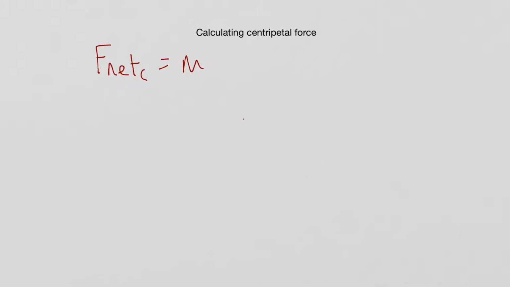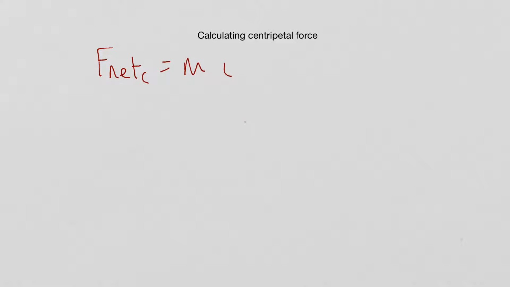In order to calculate the centripetal force, we have to realize that F net centripetal is equal to mass times acceleration. The centripetal acceleration times the mass is equal to the net centripetal force, just like for any other F net problem.